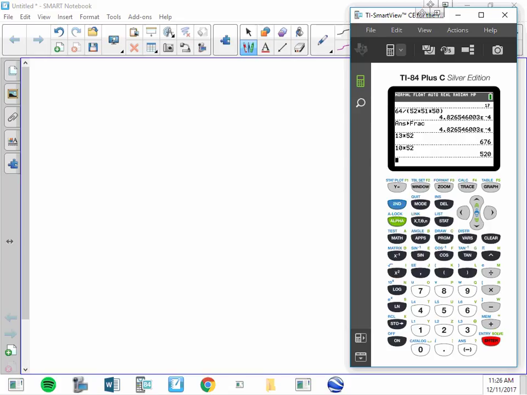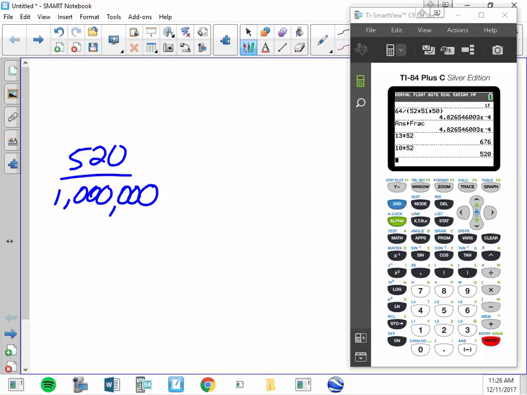And you play 3 times, your chance of winning is 3 out of a million. So your chances of winning are 520 out of 1 million. But what's your chance of losing? It would be 1 million minus 52.